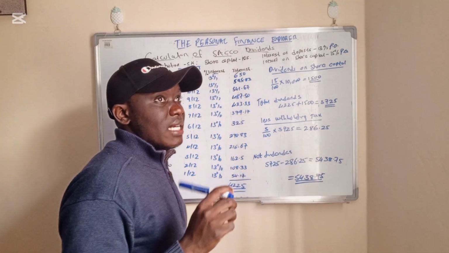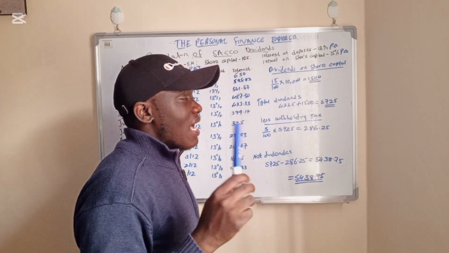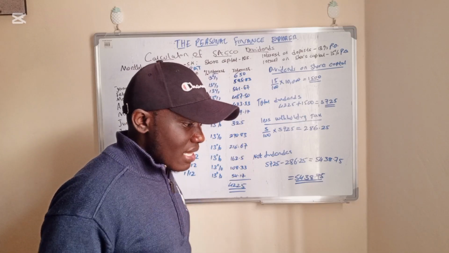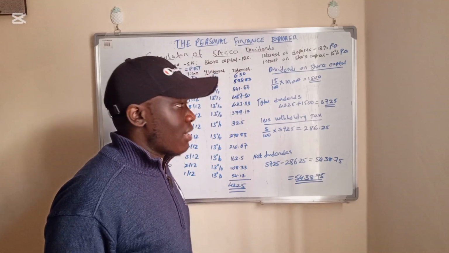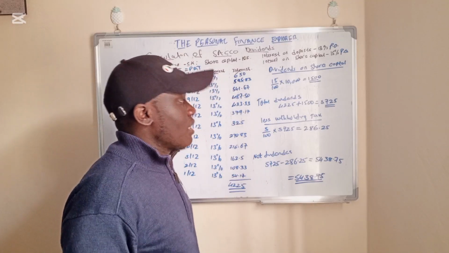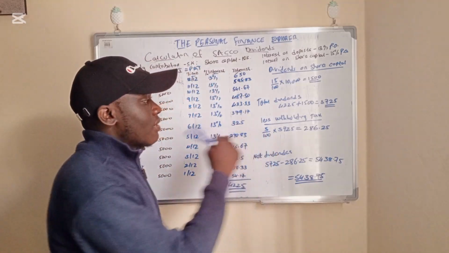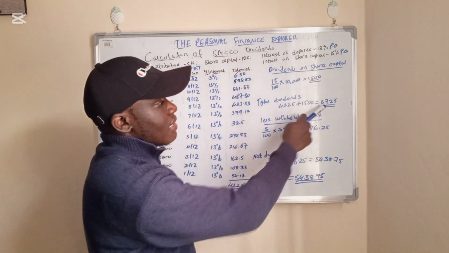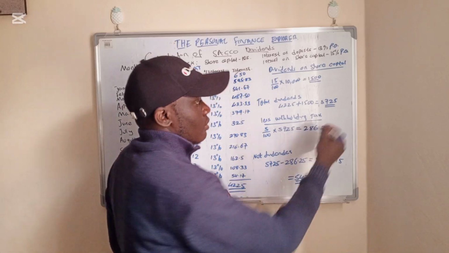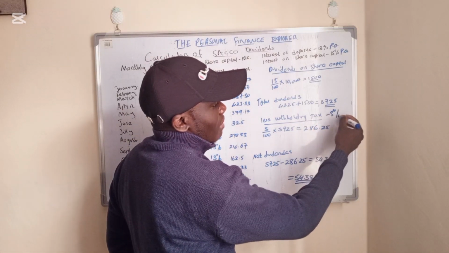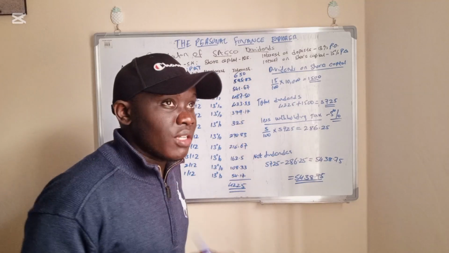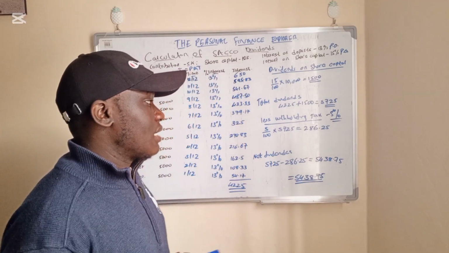But remember that dividends from SACCOs are subject to a withholding tax of 5%. And I think this is one of the advantages of SACCOs compared to other investment avenues, because the withholding tax for SACCOs is 5%, while the withholding tax for the majority of other investments is 15%.